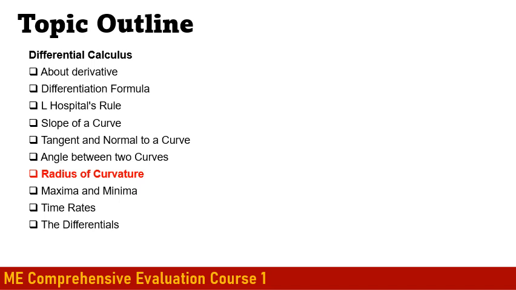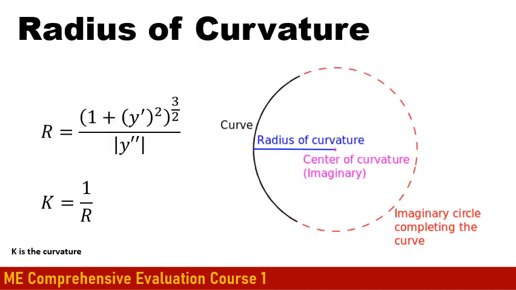Now that we already reviewed how to get the angle between two curves, we can proceed to the radius of curvature. The radius of curvature is defined as the radius of the circle that best fits that curve at a point. For example, for the circle, the radius of curvature is simply the radius of the circle.